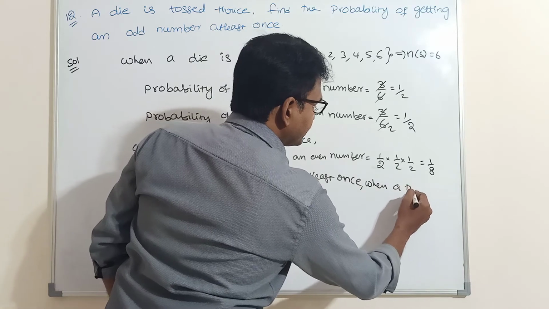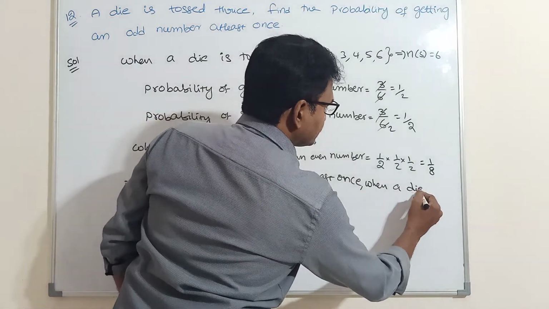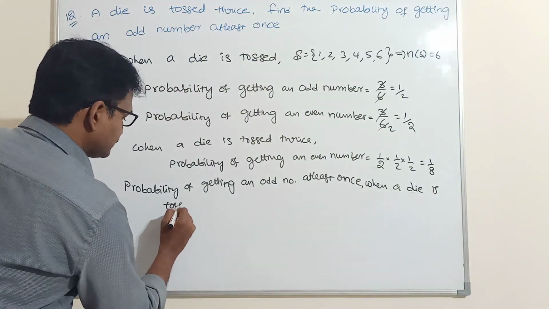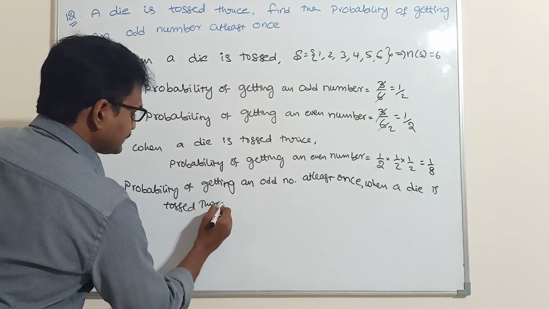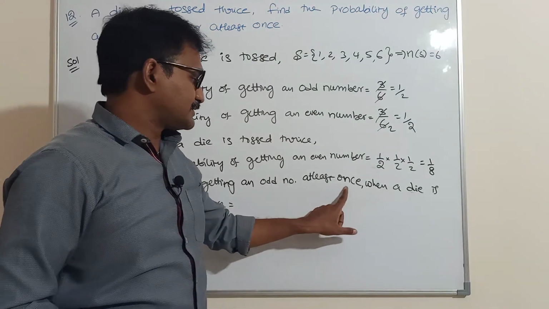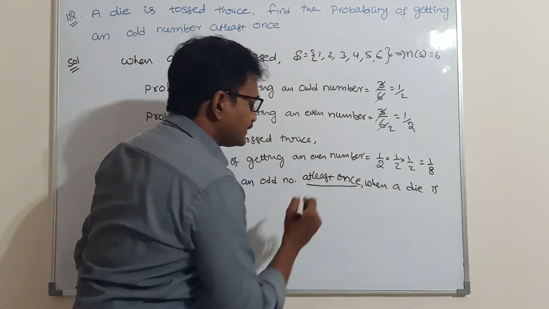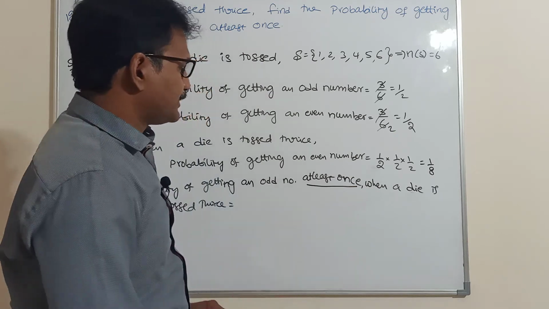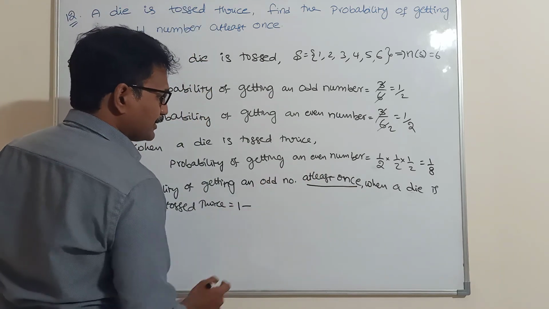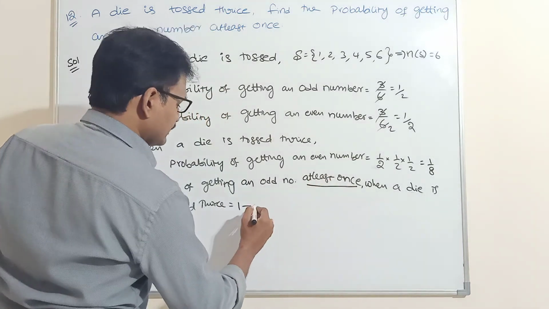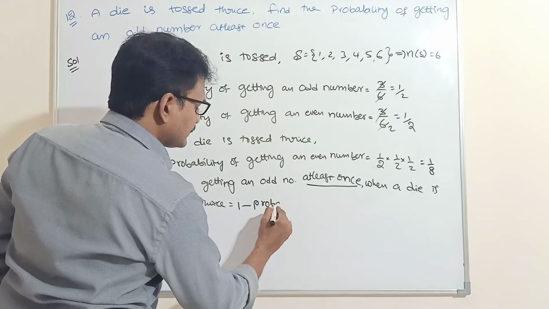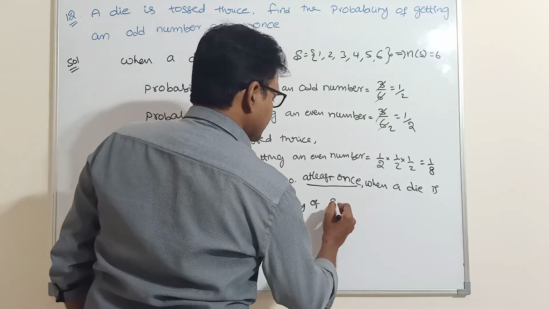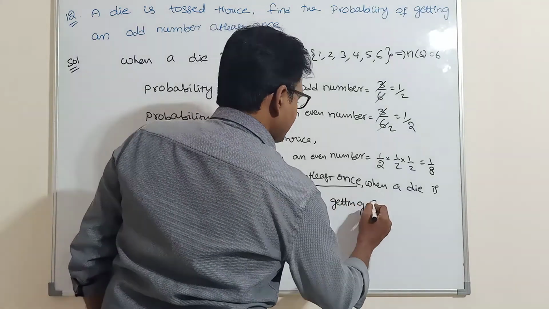If this keyword "at least once" is there in probability or in permutations and combinations, then we have to write the opposite statement: 1 minus none. 1 minus probability of getting an even number every time.